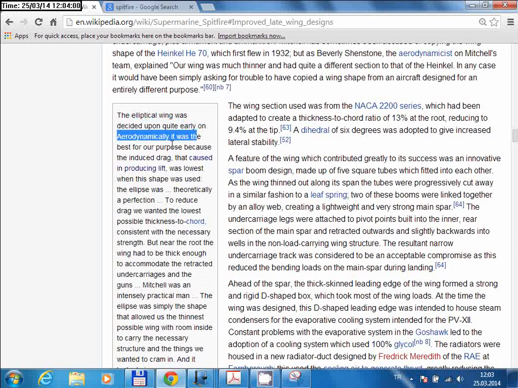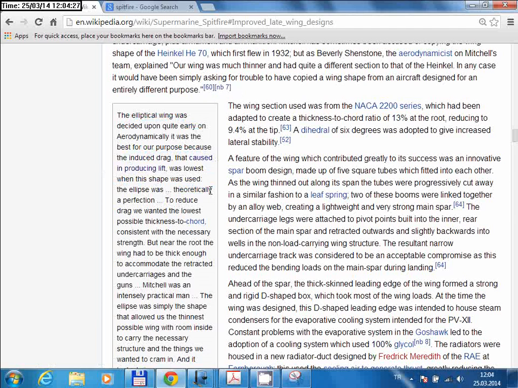Aerodynamically, it was the best for our purpose because the induced drag caused in producing lift was lowest when this shape was used. The ellipse was theoretically a perfection. So they knew that aerodynamically the ellipse was a perfect wing design, and that's what they used in the design.